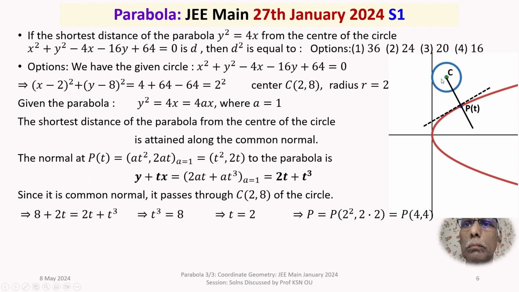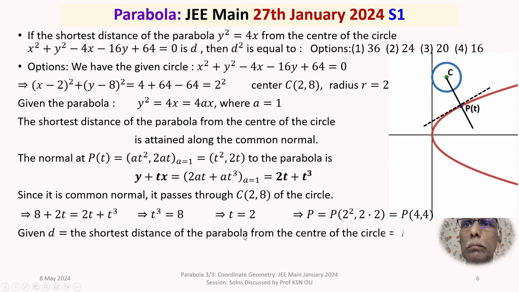The coordinates of the center C (2, 8) are known. Therefore, the shortest distance will be PC. So given d is equal to the shortest distance of the parabola from the center of the circle, it is P to C. We want d square.